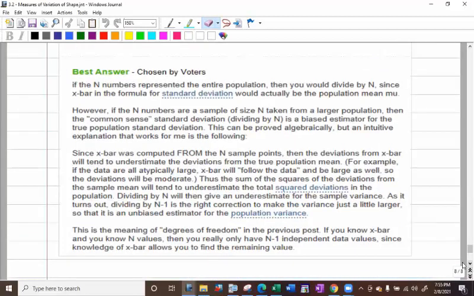There are a lot of reasons. One is, if you're trying to use the sample variance to estimate the population variance, dividing by n minus 1 makes a smaller denominator, which makes a larger fraction. In other words, 6 divided by 2 is bigger than 6 divided by 3. So anyway, that's not important.